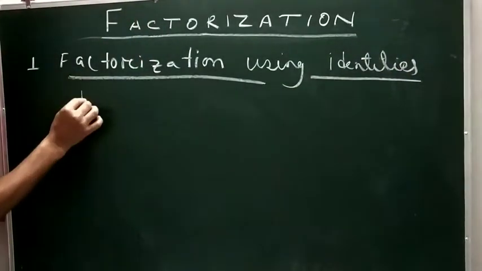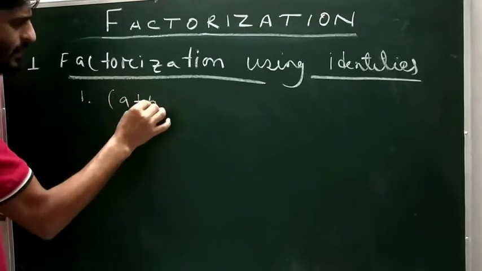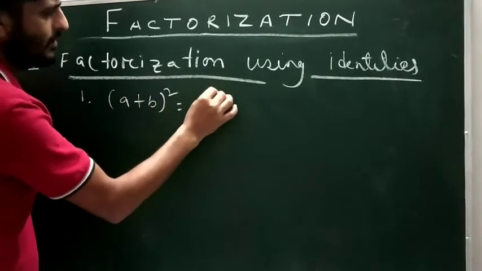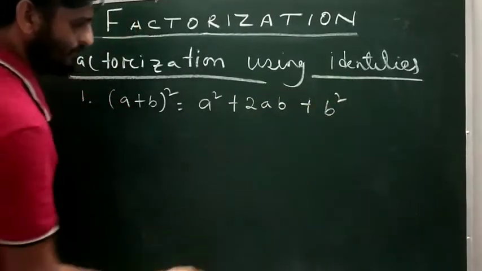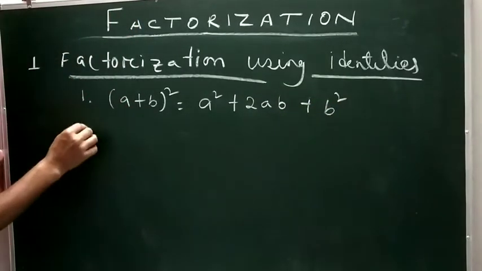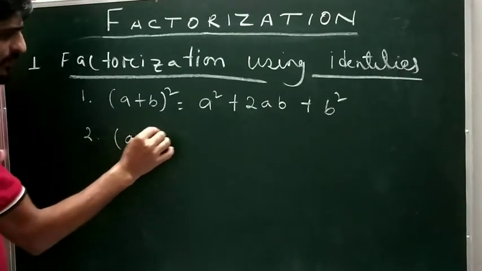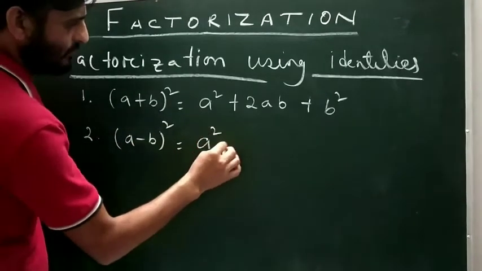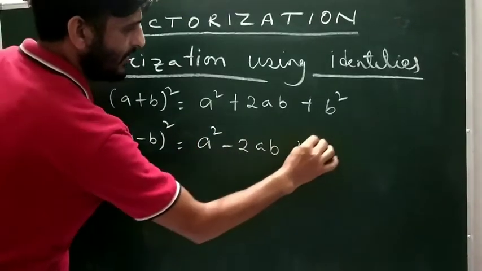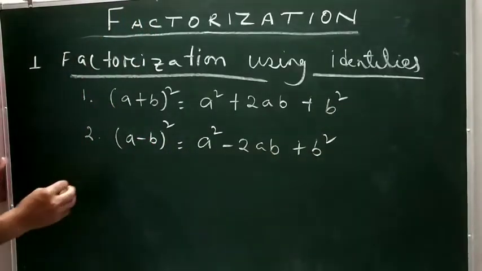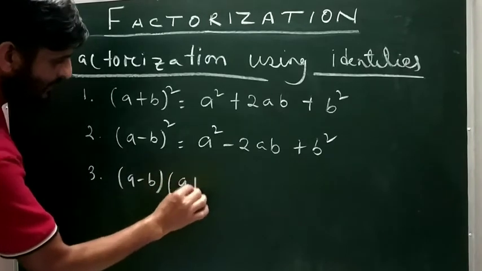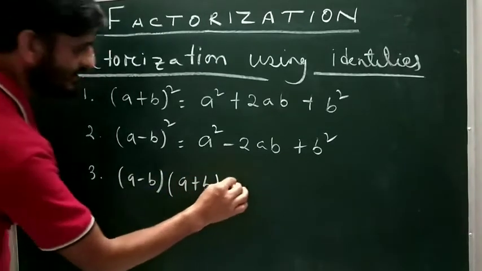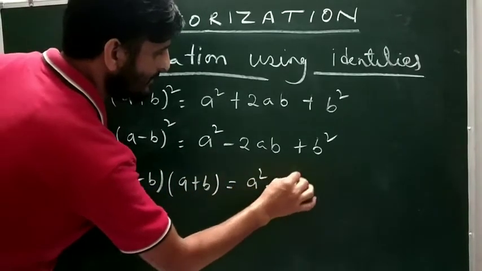The first identity is (a + b) whole square equals a square plus twice ab plus b square. The second one, (a - b) whole square equals a square minus twice ab plus b square. And the third identity, (a - b) multiplied with (a + b) results in a square minus b square.